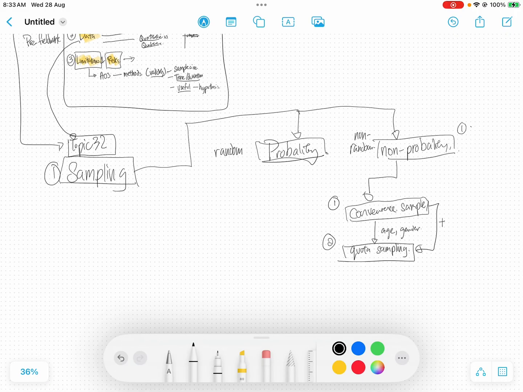Okay, just to make sure you understand this. On the other hand, random sampling is also quite simple. Random sampling is whereby you use a random number generator, right? And that is random sampling.